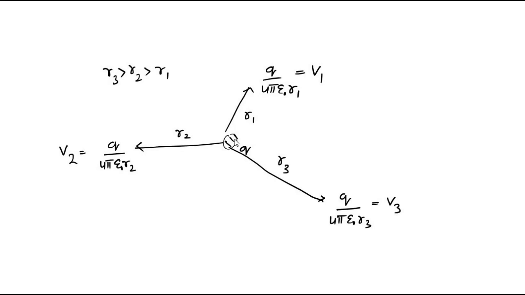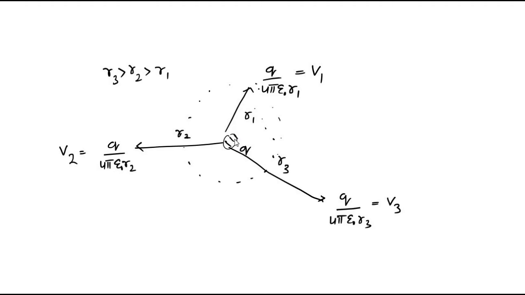Now all the points which are at the same distance r1 will be at the same potential V1. Let us say we imagine a circle here in 2 dimensions, a circle with radius r1.